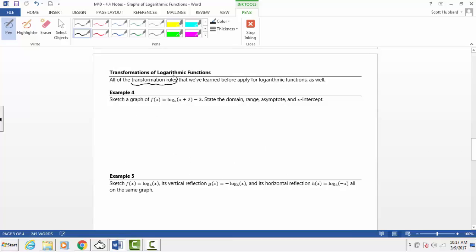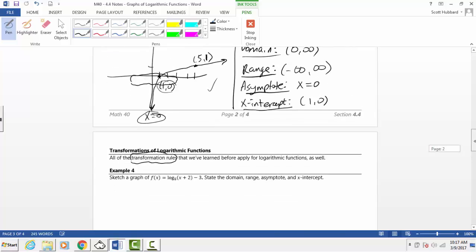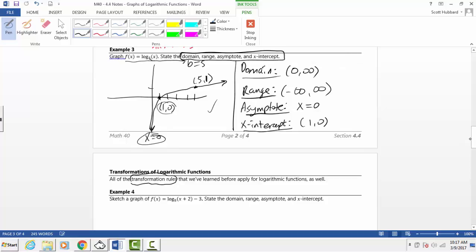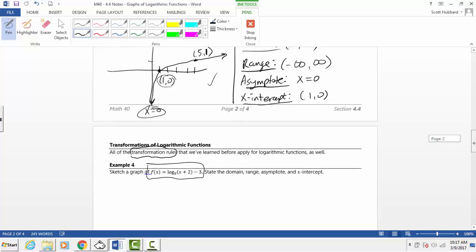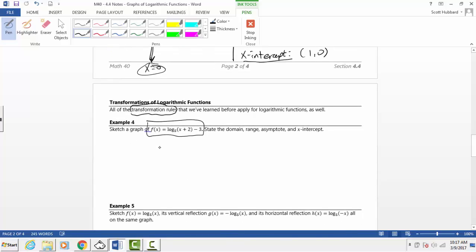So our graph here is of log base 5, and we want to do a transformation graph, so log base 5 with all these rules. Let me draw the log base 5 graph again, right here, with 2, 3, 4, 5, and it looks something like that.